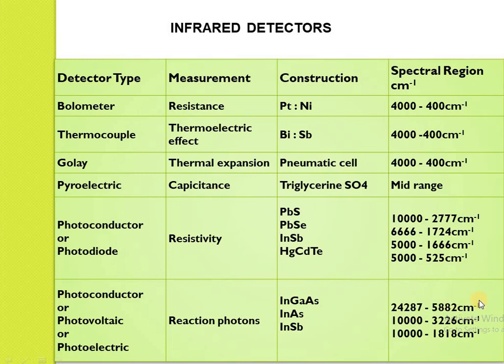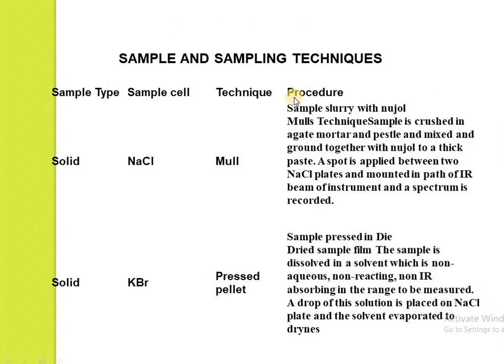And then comes the sample and sampling techniques. As we already know, the sample can be in solid, liquid or gas form, and if it is a solid, then we can use a sample slurry with the Nujol mull technique. The sample is crushed in an agate mortar and pestle and ground together with Nujol to a thick paste.